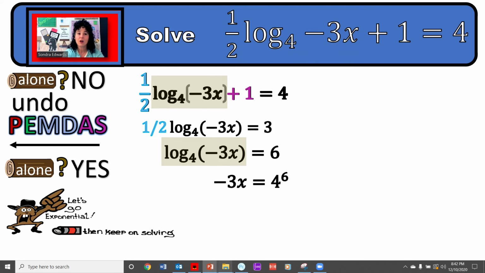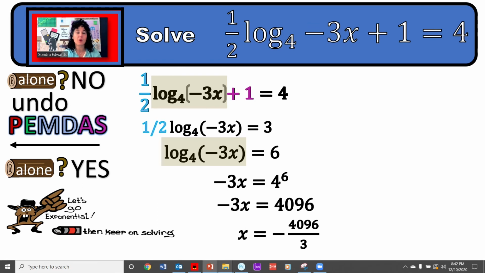So now we just keep on going, getting our x by itself. I might simplify: 4 to the 6th power is 4,096, and then divide both sides by negative 3 to get negative 4,096 over 3. You can make that an improper fraction if you want to, but I wouldn't make it a decimal because it's going to be a repeating decimal. We're going to just go with an exact value answer.